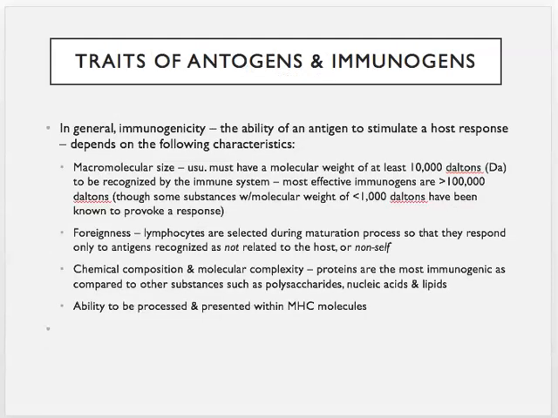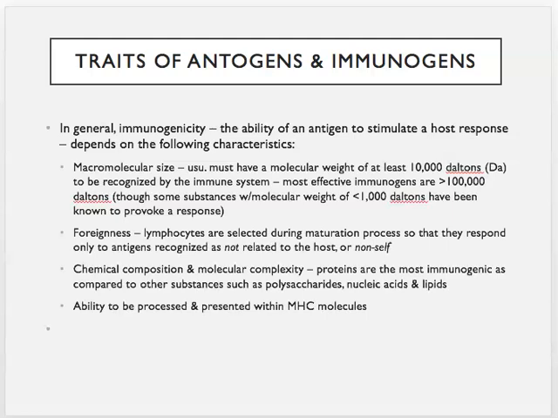Okay, so some different traits of antigens and immunogens. In general, immunogenicity is the ability of an antigen to stimulate a host response. The immunogenicity of the antigen depends on a couple of different things. First, macromolecular size.